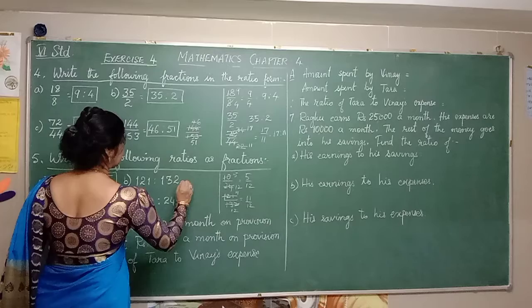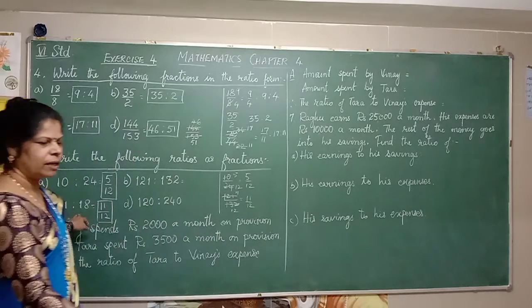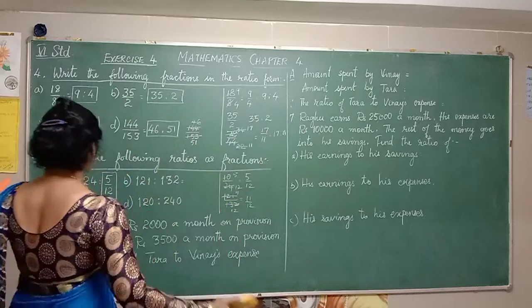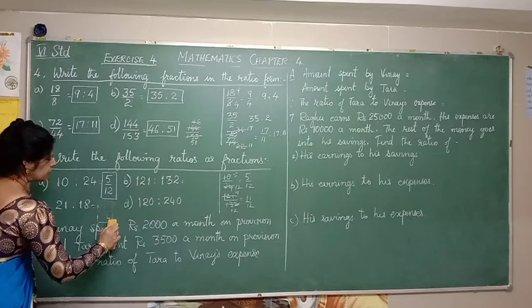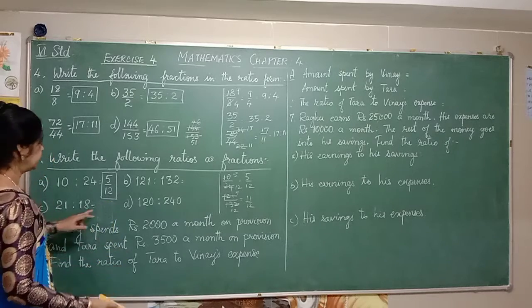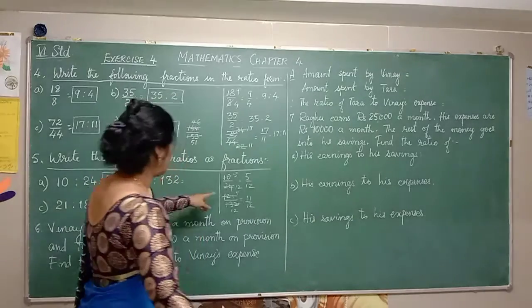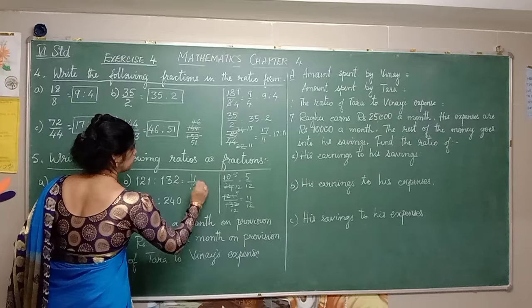Next, 121 by 132. Sorry, not that one. Sorry, children. The answer for this one, 121 by 132, is 11 by 12. 11 by 12.